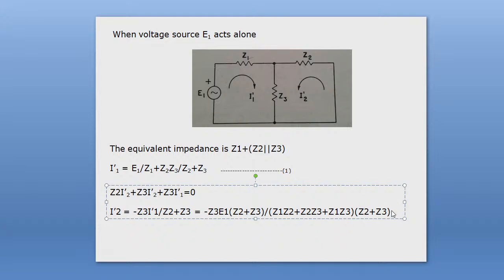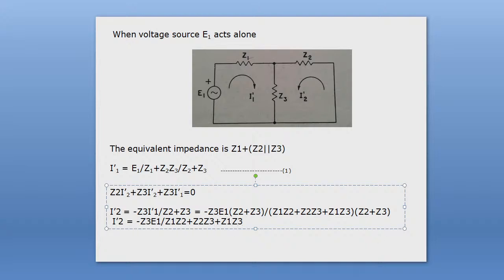So we will get I2 equal to minus Z3 E1 divided by Z1 Z2 plus Z2 Z3 plus Z1 Z3.